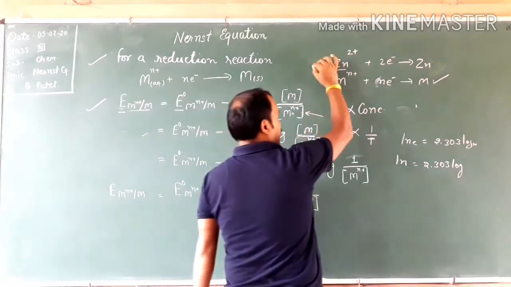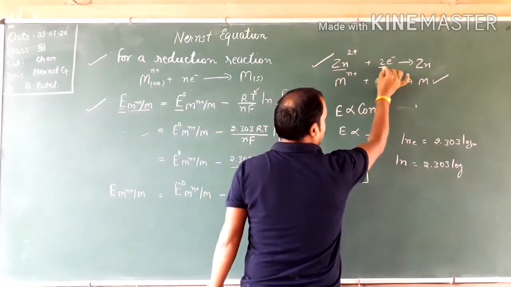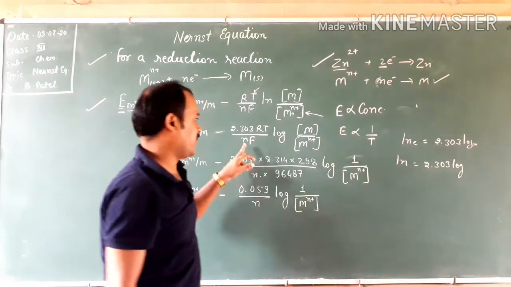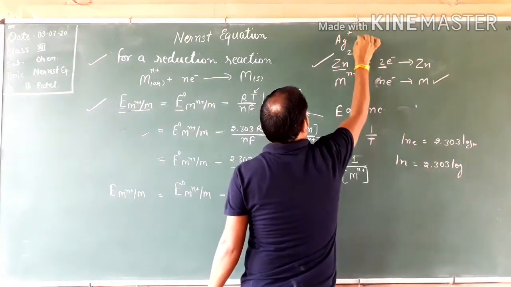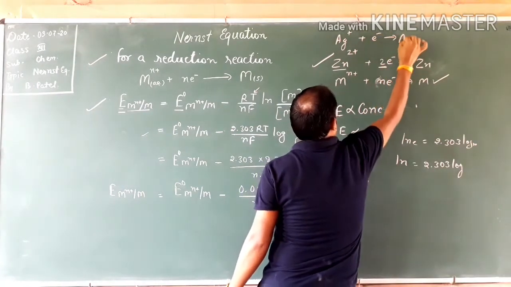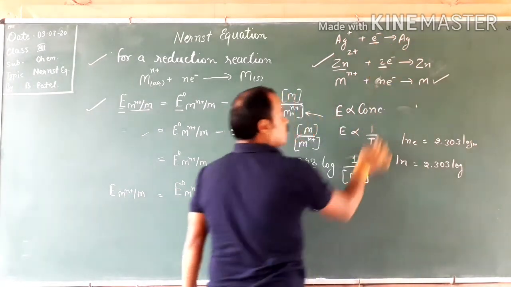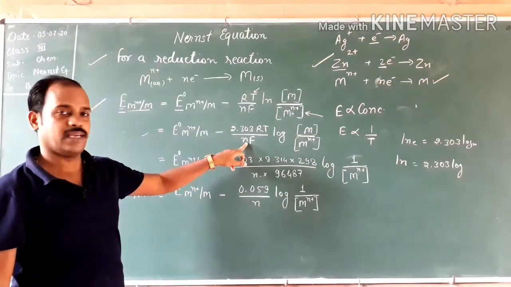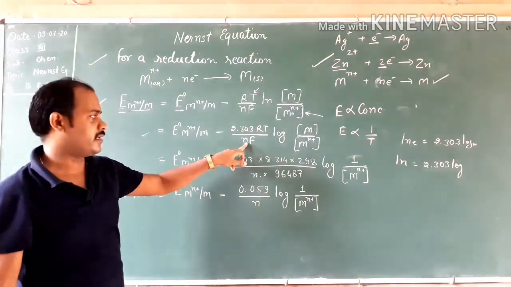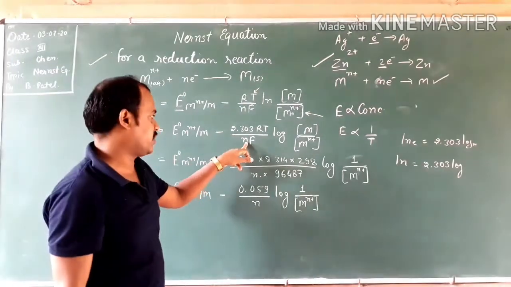In this equation, the number of electrons is 2, so the value of n is 2. If we take this other reduction reaction, n is equal to 1. So n is the number of electrons involved in the reaction or required for reduction.